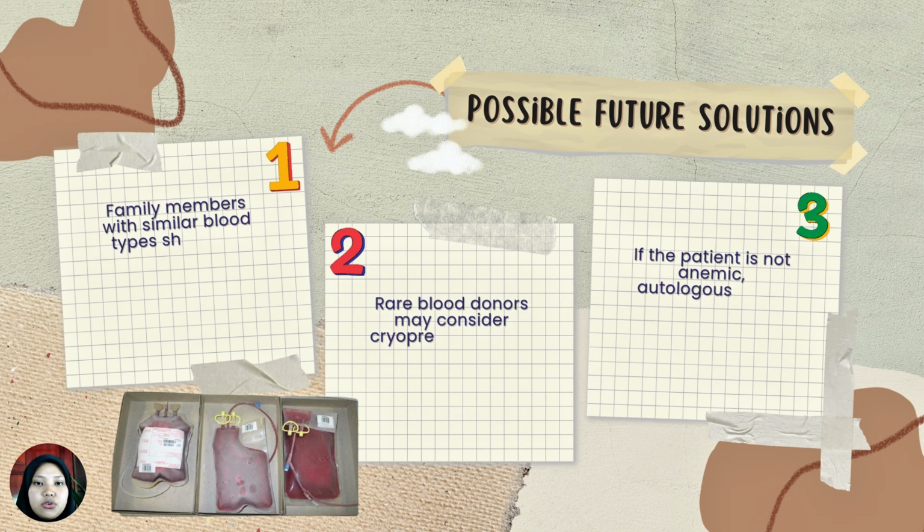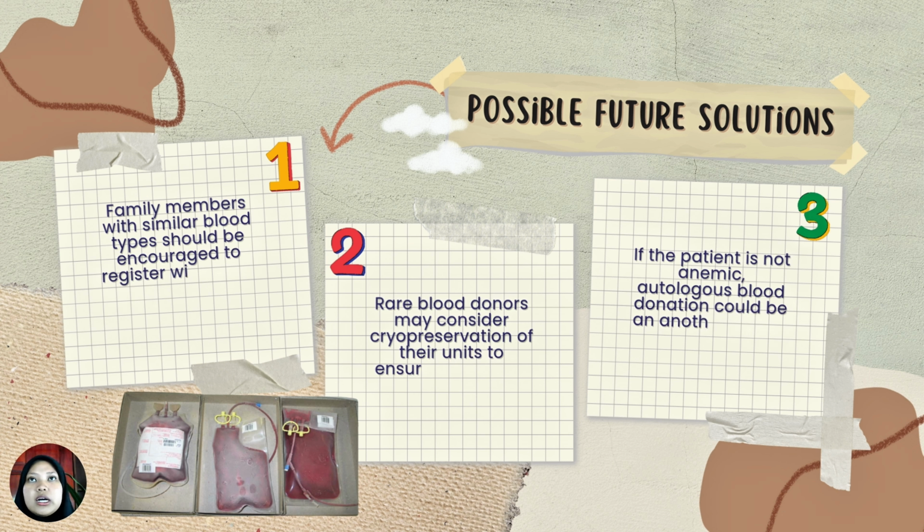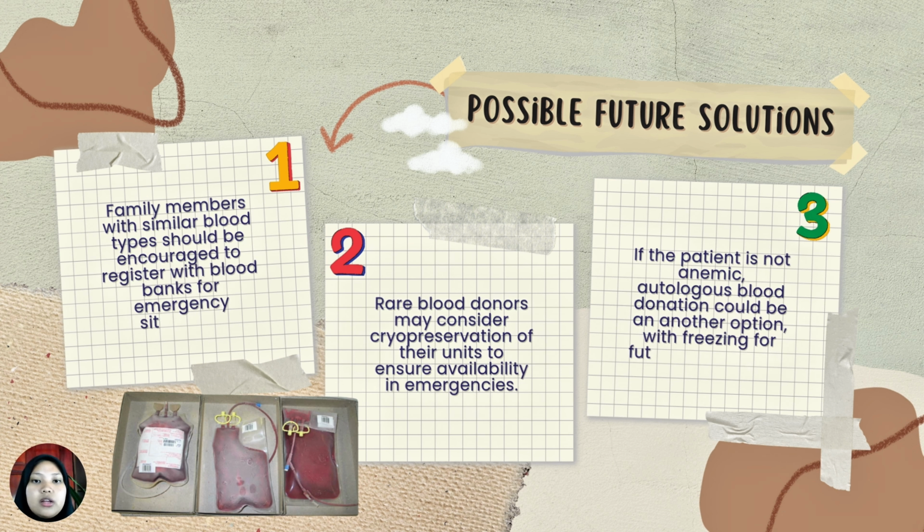Next, possible future solution. Yang mana donor ataupun recipient yang ada rare blood group, diorang akan buatlah solution-solution ni untuk the future. First, family members with similar blood types should be encouraged to register with blood banks for emergency situations.